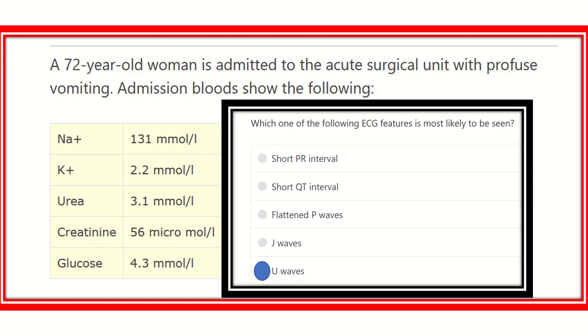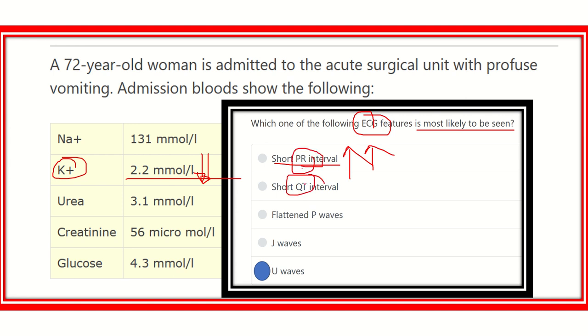Now it is clear which ECG feature is most likely to be seen when potassium is decreased. Short PR interval is not true, because all intervals increase in hypokalemia; it is a long PR interval.